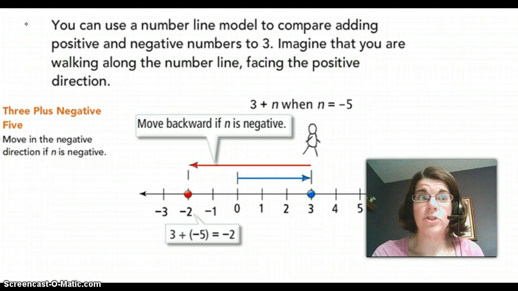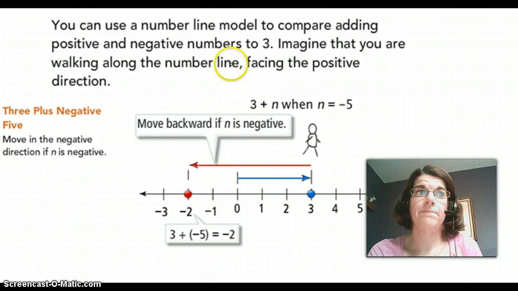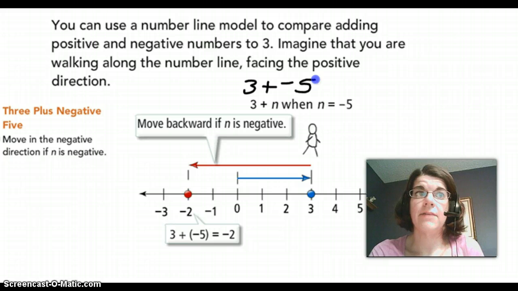This next example is showing that if we're adding a negative number to the number we're starting with, and again we have 3, and they're telling us that n is negative 5, so we have 3 plus negative 5.